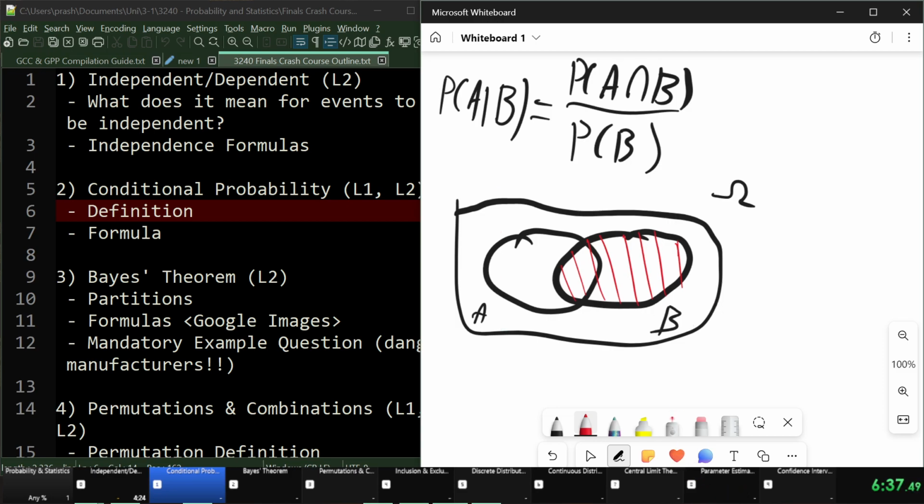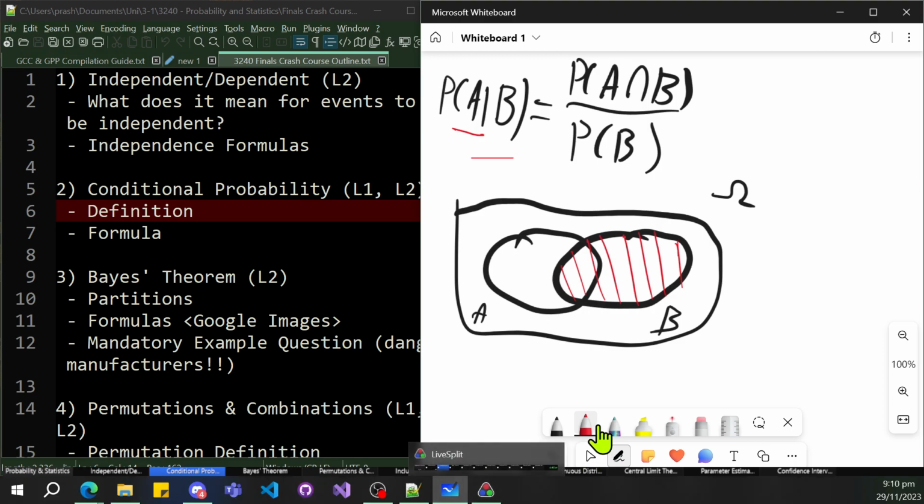And now, if you're trying to find the probability of A, given that B happened, then the probability of A will only be this portion right here, because that is the only part of A that is in this red shaded region that you have guaranteed, that you have not ruled out as a possible outcome.